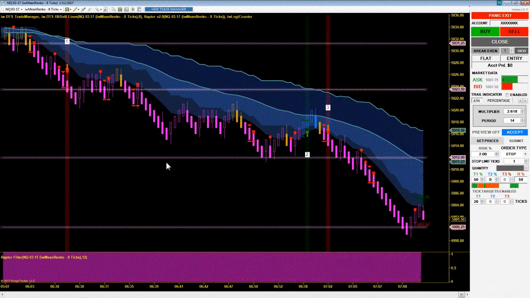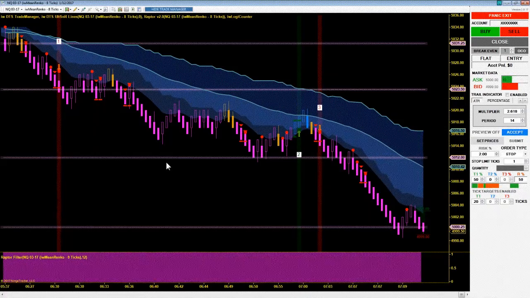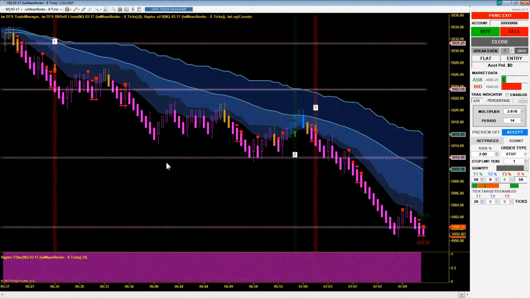The paint bars that you see here are powered by the scalping system. The entire scalping system is what powers the visual element of the paint bar. The alerts are a variation of the swing trading system. And so you have all three of these working together, and that's what makes Raptor so unique.